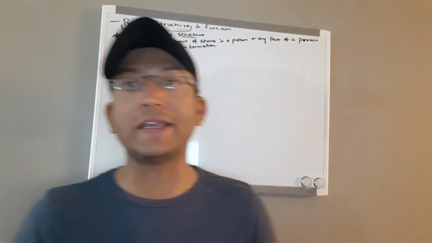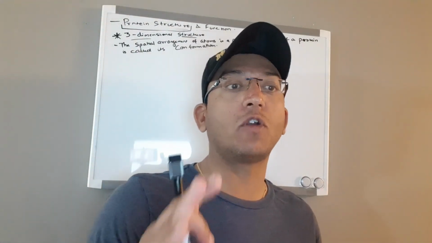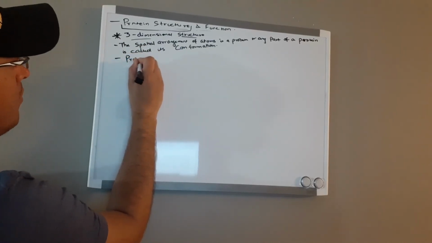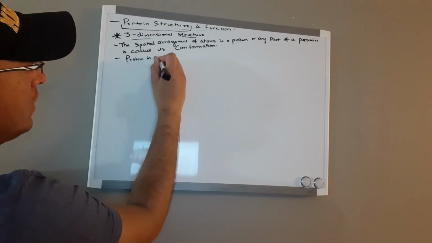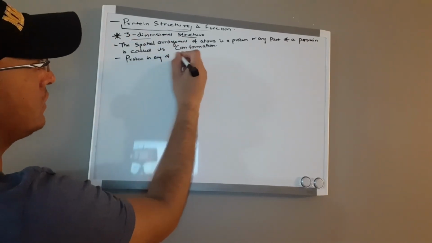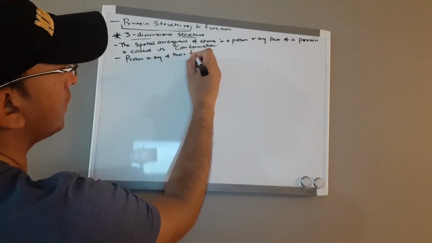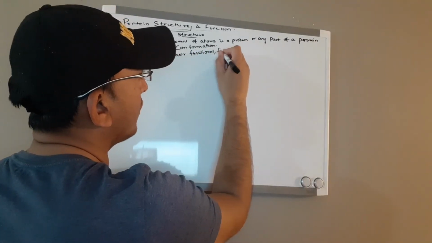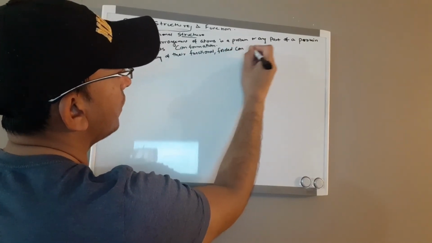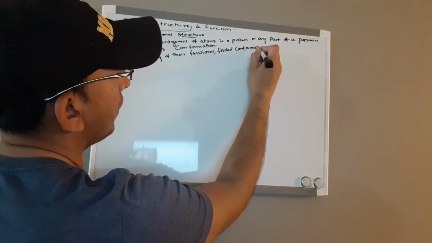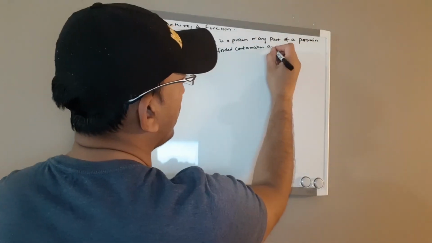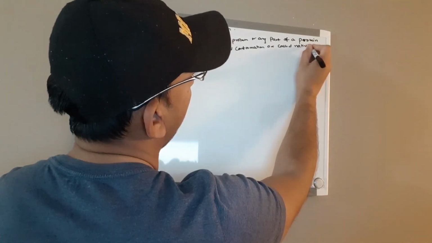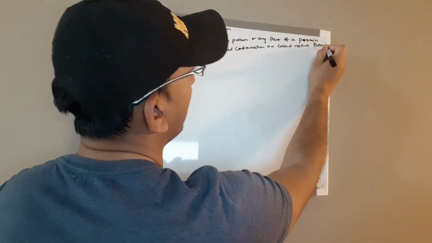So proteins in any of their functional folded conformations are called native proteins. So what are native proteins? Proteins in any of their functional folded conformations are called native proteins.